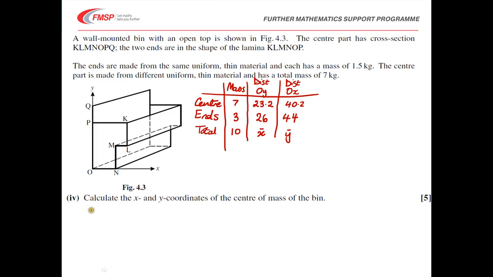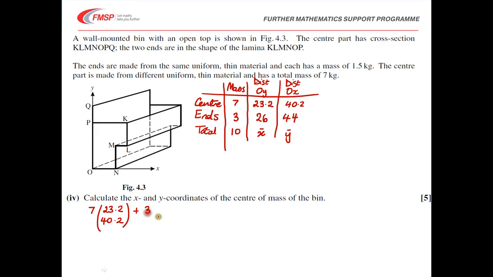So we can take moments. I'm just going to do this in vector form here just to show you that this can be done. So taking moments about each of the axes, but doing this in combination. Mass for the centre section times distance from the axis, just using column vectors for the locations of the centres of mass.